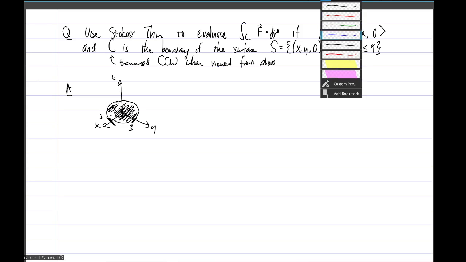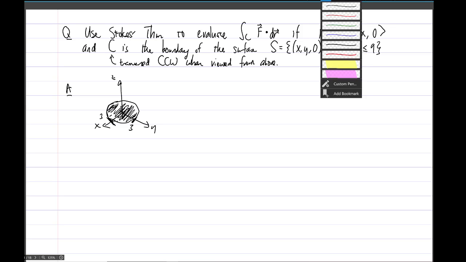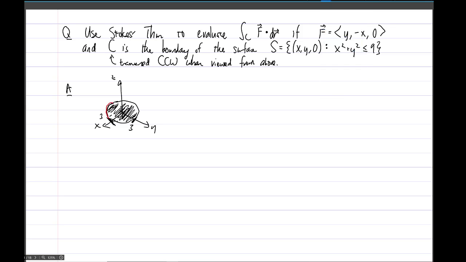The thing we were asked to do is, let's see, there's the curve C. I'm trying to do this in a new color here. C then is around, yeah. So C is that, where S is the filled in disk itself.